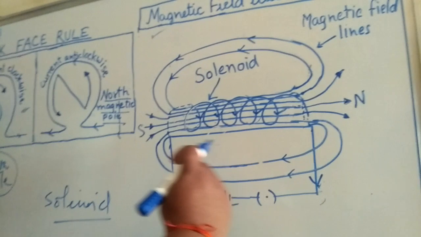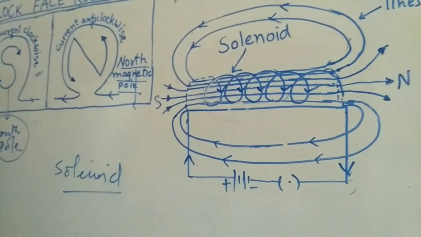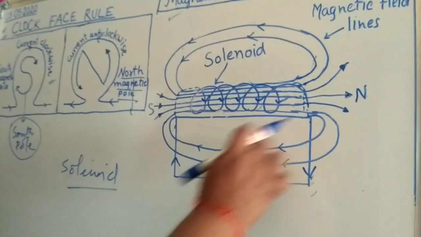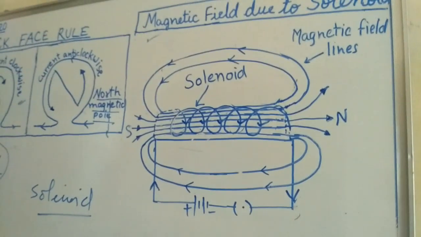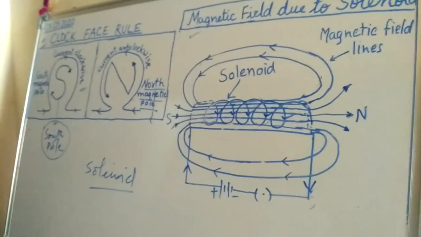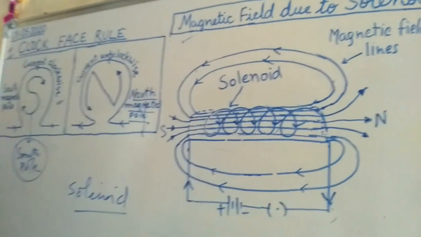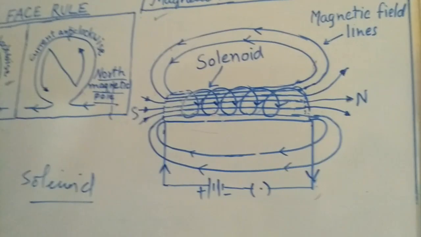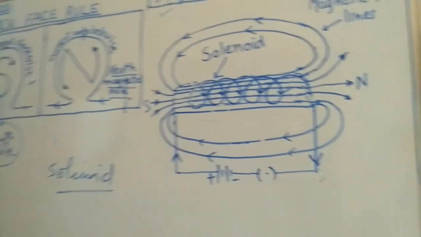When insulated copper wire is wound in this way and its shape is cylindrical, this system of coil is called a solenoid. When this solenoid, made up of wire, is connected to a source of electricity, its behavior is similar to a bar magnet.